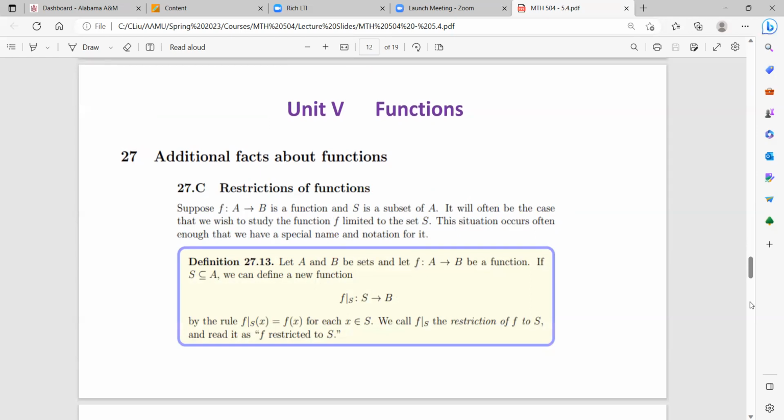That's also a very simple concept. So suppose we have a function f defined from set A to set B, and consider a subset of the domain A, we call it S. Then sometimes we may want to just check the function f confined from S to B.